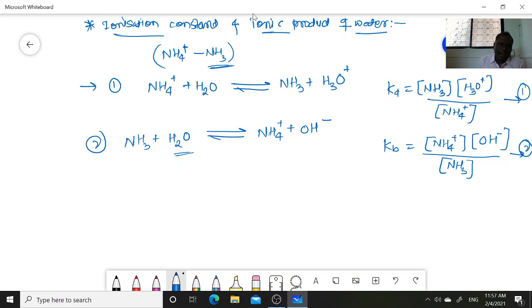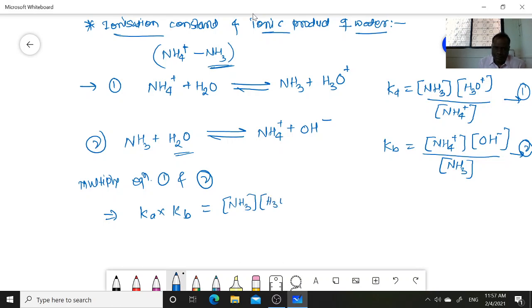If I multiply equations 1 and 2, that is Ka into Kb, this equation multiplied by this equation, Ka into Kb is equal to the concentration of NH3 into H3O plus divided by the concentration of NH4 plus, multiplied by the concentration of NH4 plus into OH minus divided by the concentration of NH3.